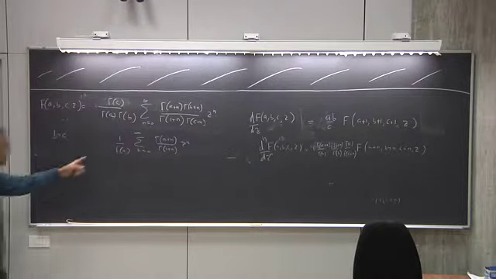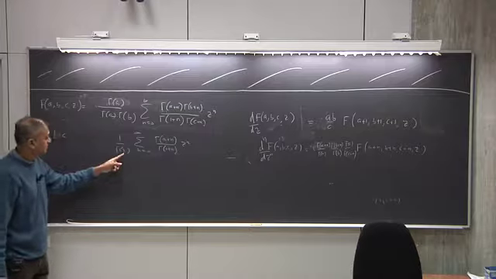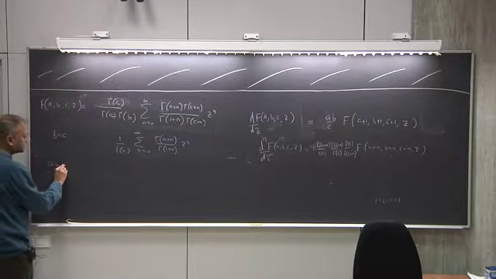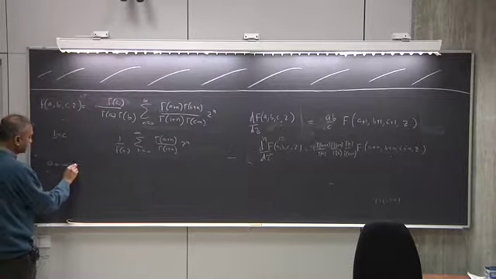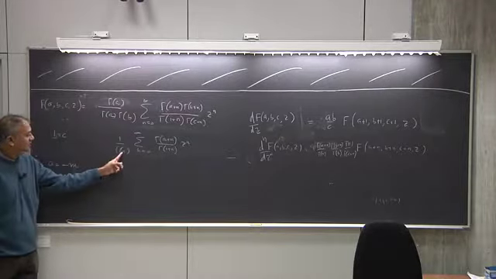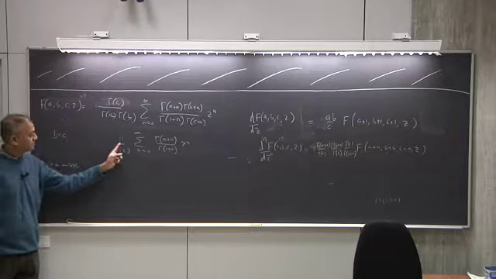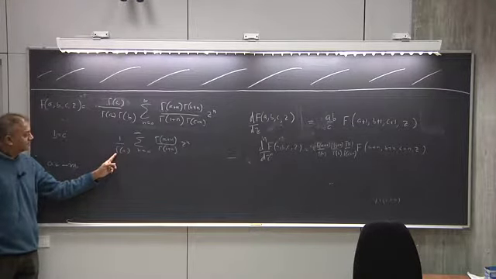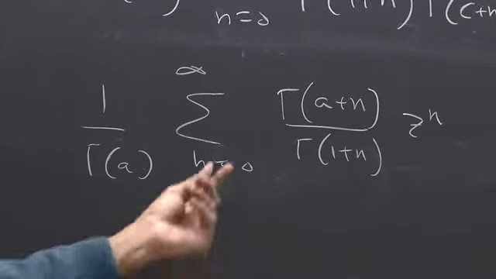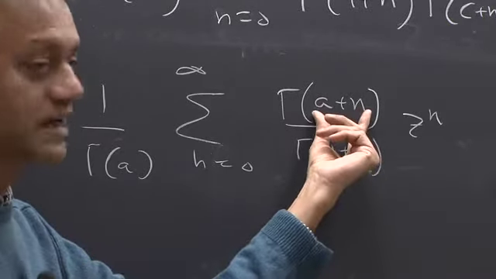But furthermore, I can take a situation where a is a negative integer. Suppose a was equal to minus m, where m is some positive integer. What's going to happen? This is gamma of a negative integer, so this is infinite, and 1 over infinity makes the whole thing 0, unless this also becomes infinite.